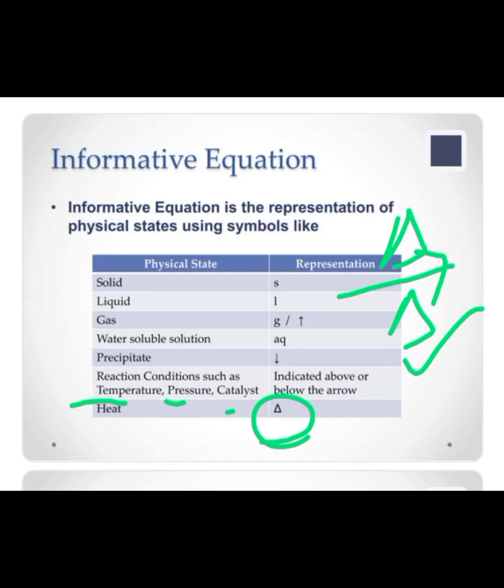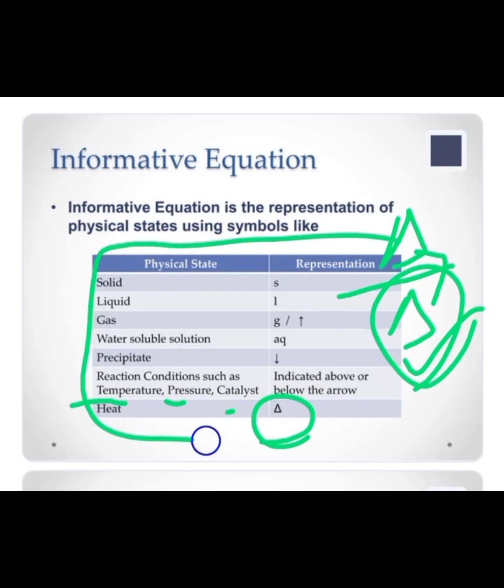No problem, wherever you will write the symbol of heat. So these are some basic informative symbols that can be used in a chemical reaction while writing or while understanding the concept of the chemical reaction.